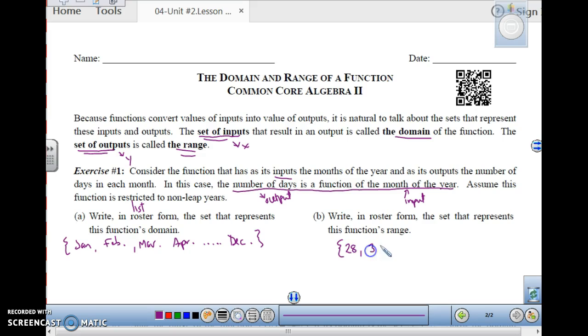Most other months have either 30 or 31 days. So that is the range. So the months of the year is the domain. When you put in the months of the year, you get how many days. Domain, range. So these are all the options for the domain. This is all the options for the range.